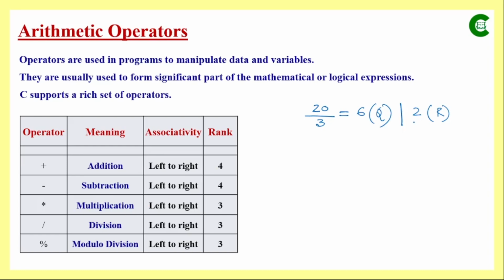Based on which operation we are performing, we will get our result, and accordingly we will be using the operator also. So if both the operands are 20 and 3, and between these two operands we use this operator, then the result after execution of this program will be 6.